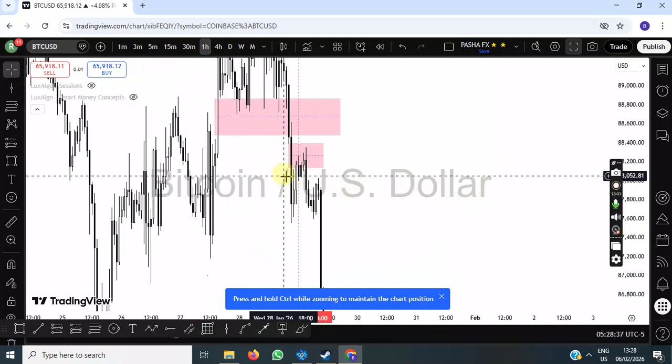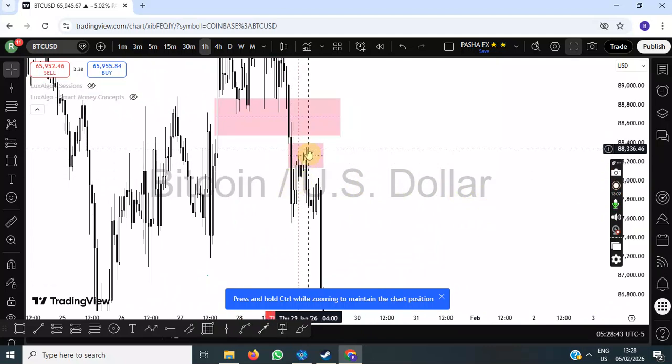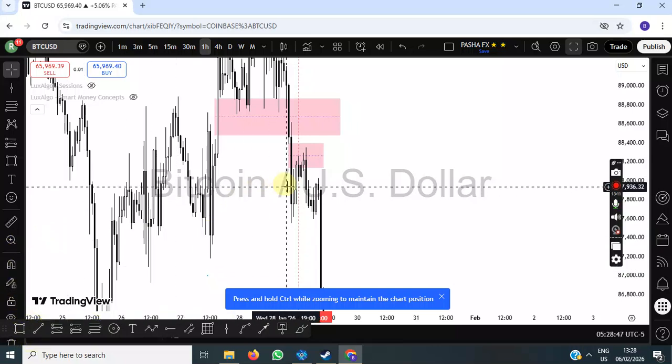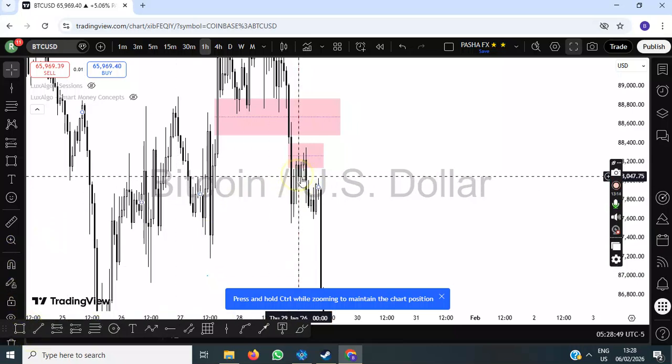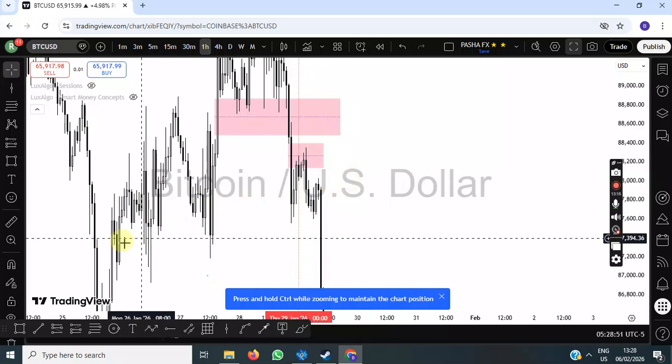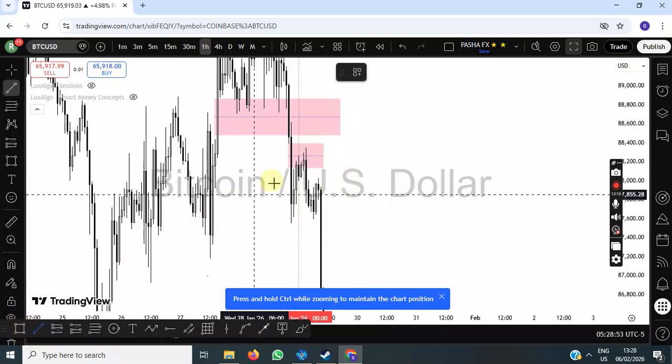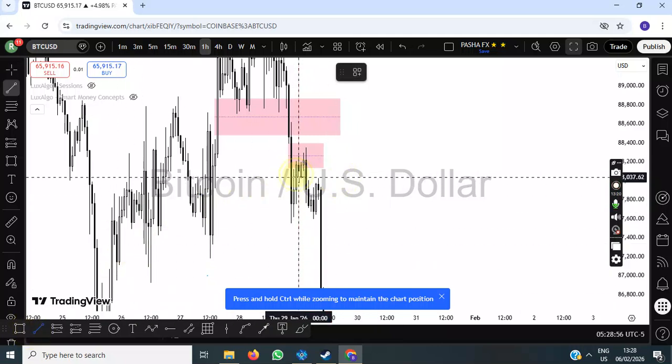After price did the open high, open manipulation, look at this. This is another block. Down those candles, this one is an order block.